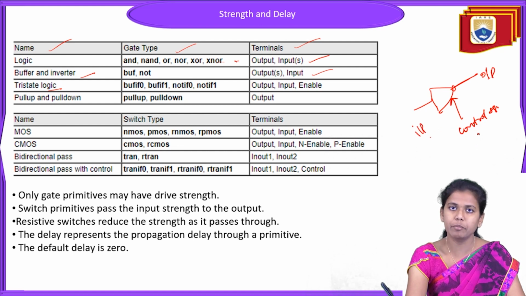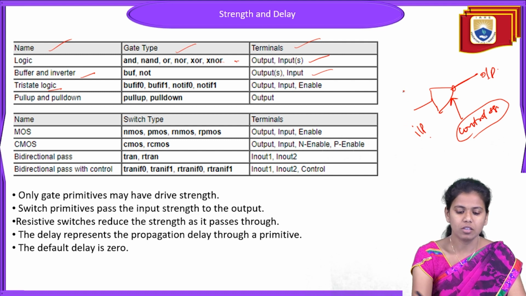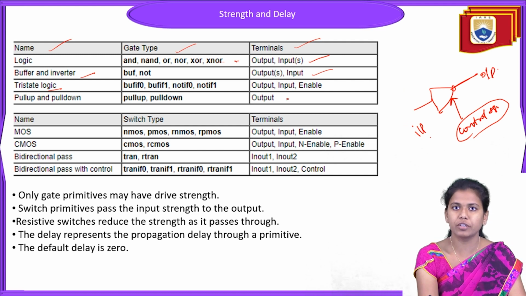The output depends on the enable of the control signal with regard to the input. So in the terminal list for such logic gates, the tri-state buffers, the initialization goes with the output, input, and the enable. In the enable, usually we write the control signal, CTRL.